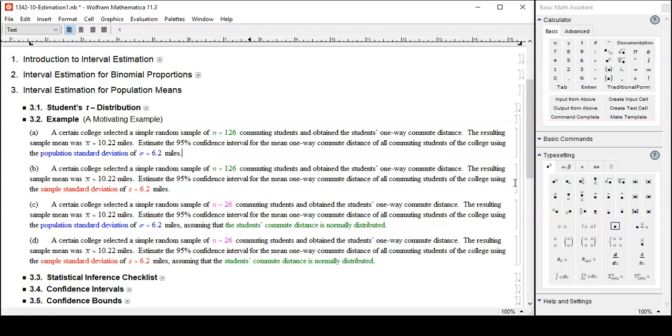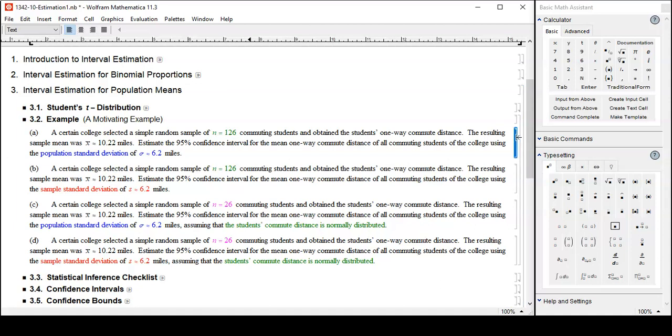And then the second, change the sample standard deviation. The third and fourth, I adjusted the sample size, but if sample size is small and the probability distribution is really wacky, then we cannot really do too much. So we have the additional assumption that the original distribution is normal.